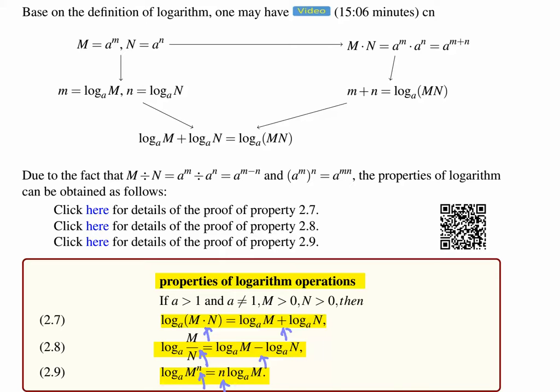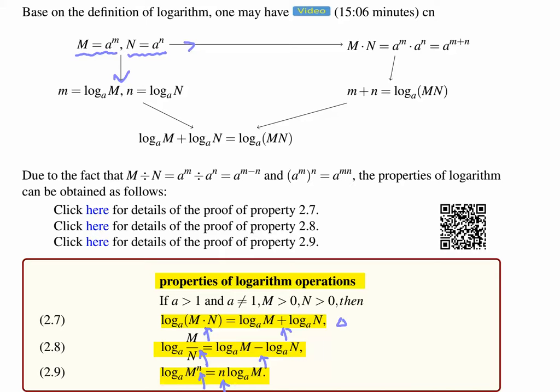Let's see how we are going to prove those properties by using the diagrams right here. This is the diagram. If we assume that capital M is a to the little m, and n is a to the little n, then it goes in two directions.